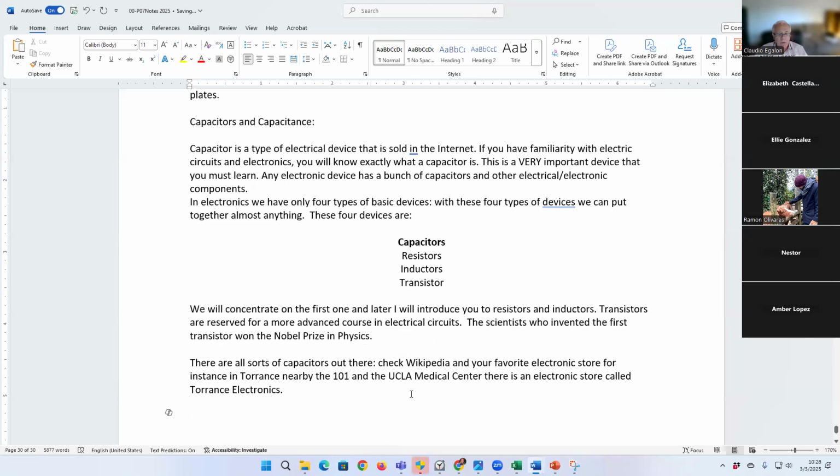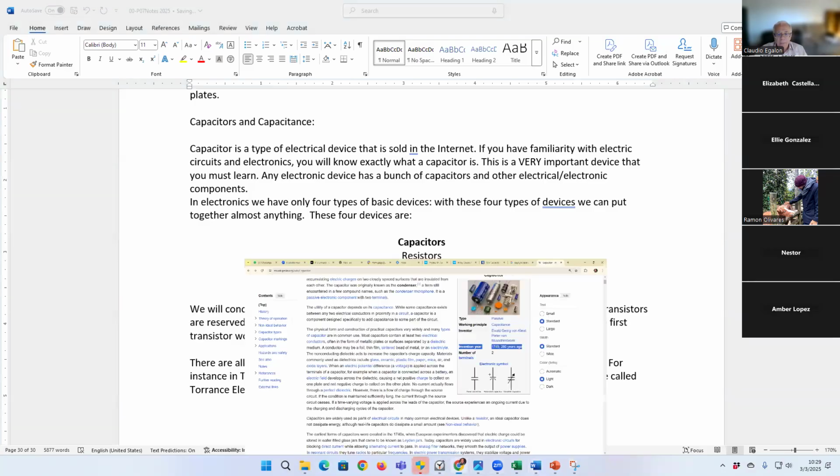There are all sorts of capacitors out there. Check Wikipedia and your favorite electronics store. For instance, Lawrence Electronics. Let's take a look at that.